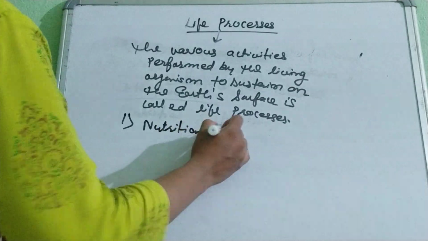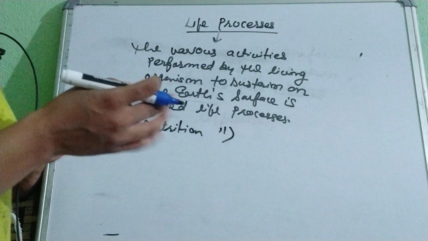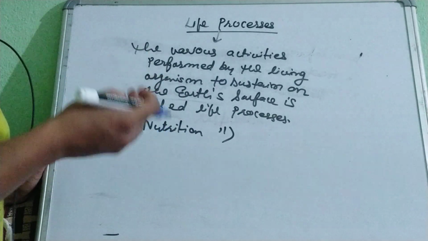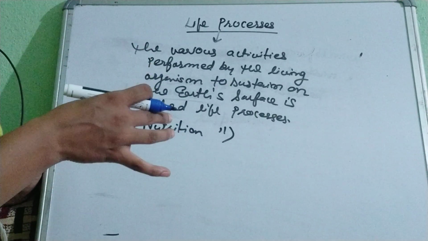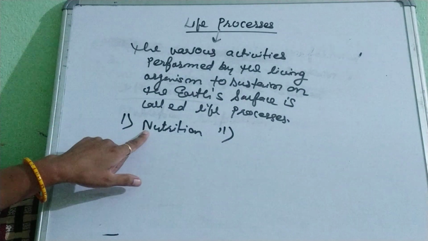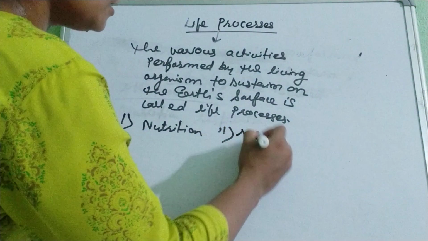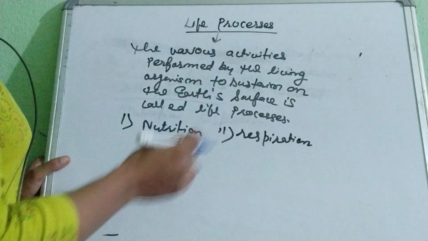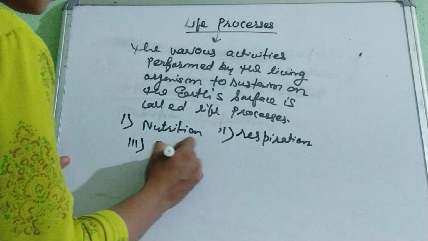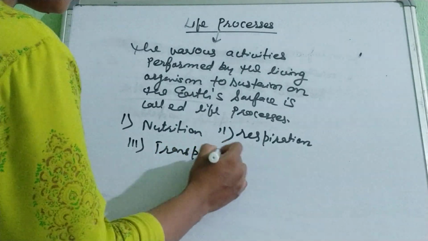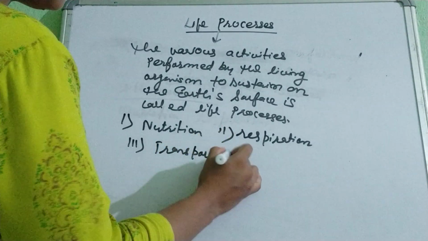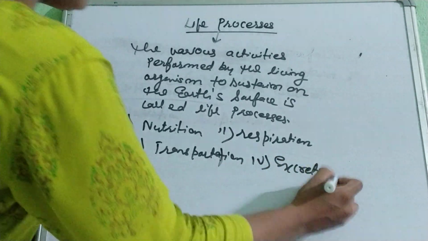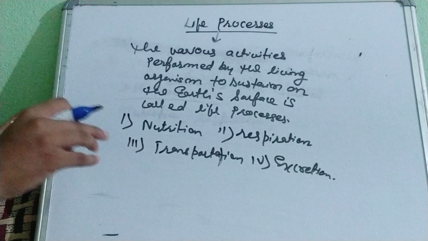The main four life processes are given in NCERT, and I will discuss all four. First is nutrition, second is respiration, third is transportation, fourth is excretion. One by one I will discuss every life process. Firstly, I will discuss nutrition.